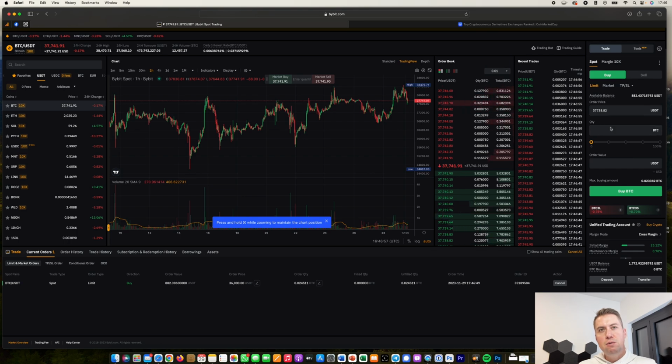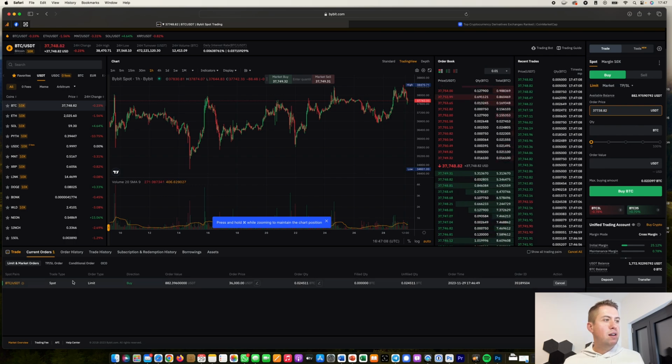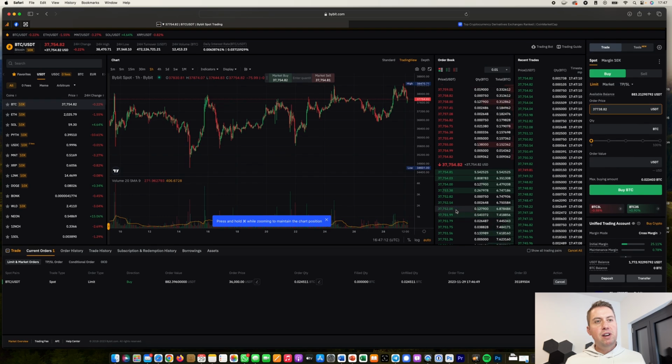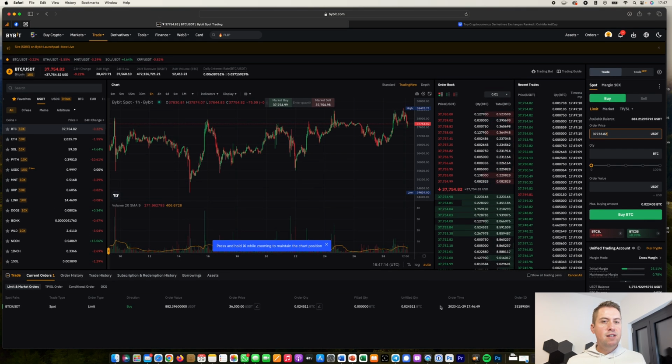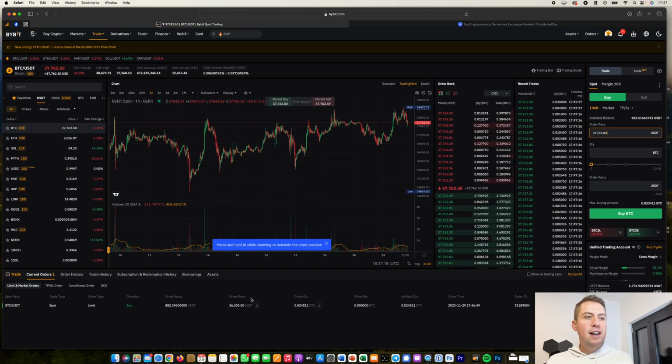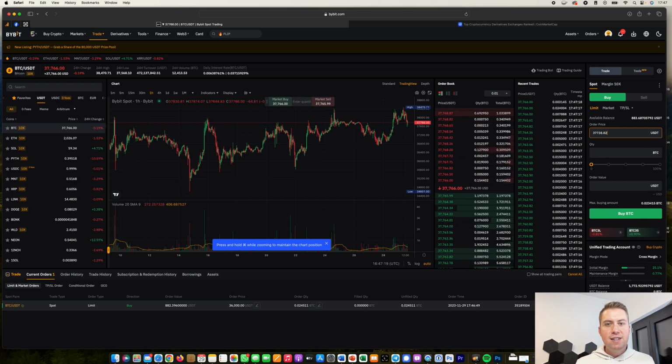So even if you just want to buy half a Bitcoin or 0.1 Bitcoin, you always have to type in the price for like 1 unit. And as you can see, I now have the spot limit order in the order book, and that would be here at 36,000, and you can see it here, and it basically stays there until the price is reached. And of course you can cancel the order anytime.